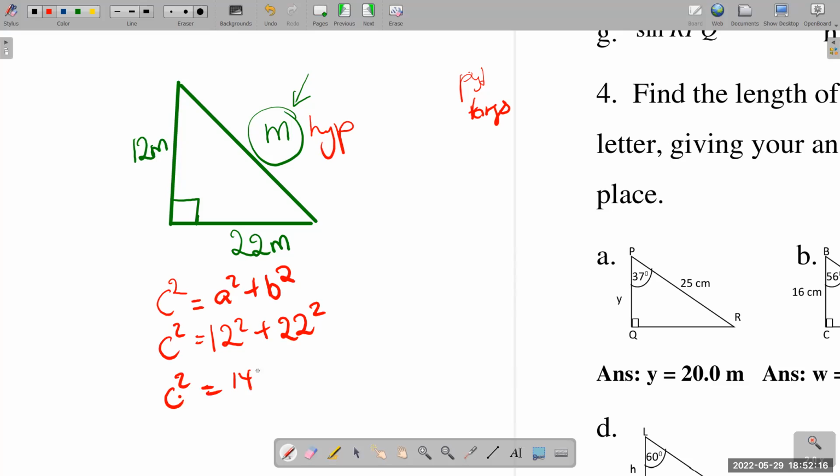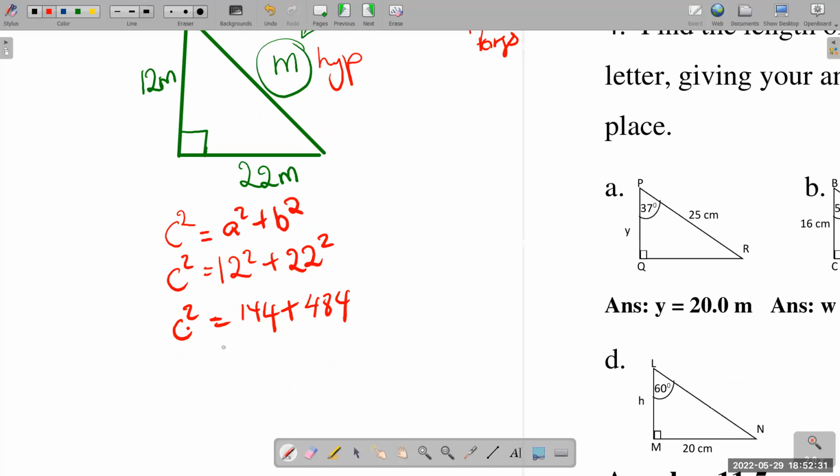That's 144, and 22 times 22. I can't teach and calculate, so somebody has to drop the digits for me, please. Thank you. 484. When I add that up, what do I get? 628.